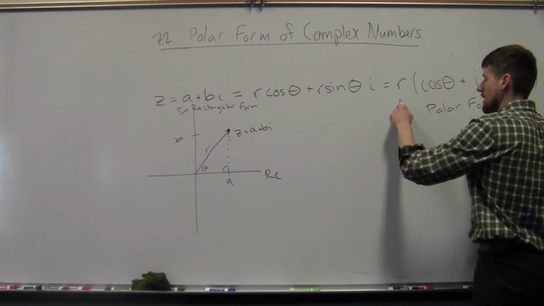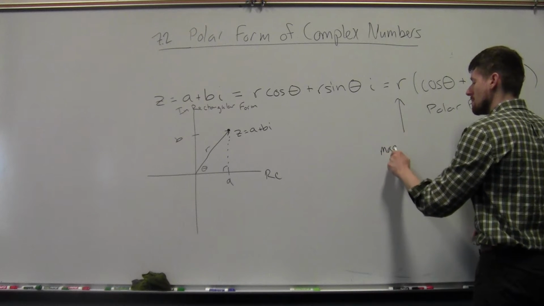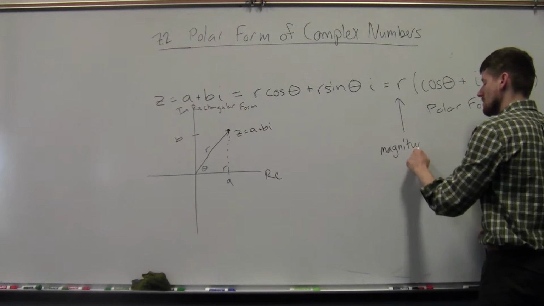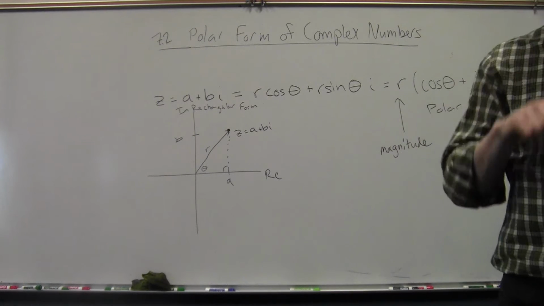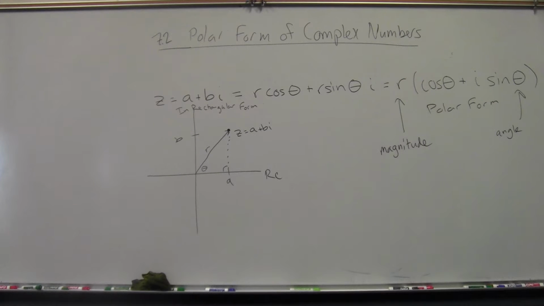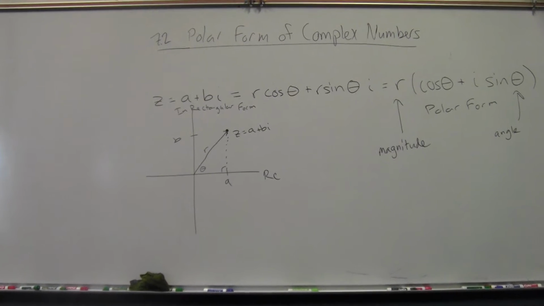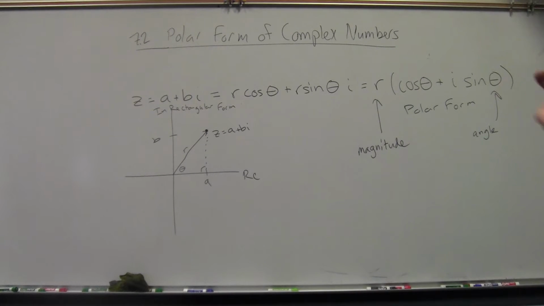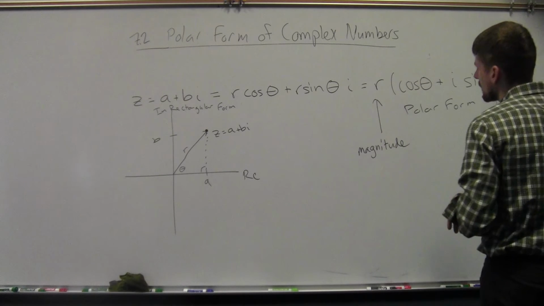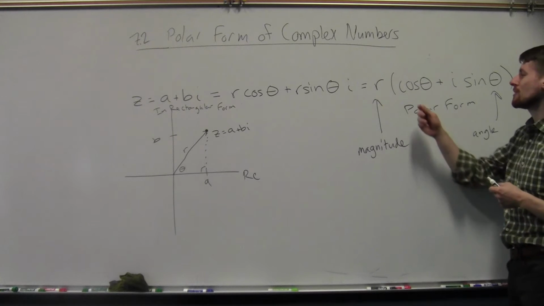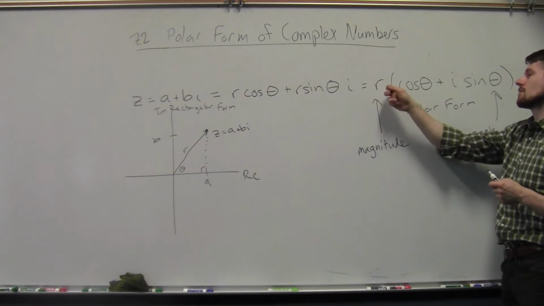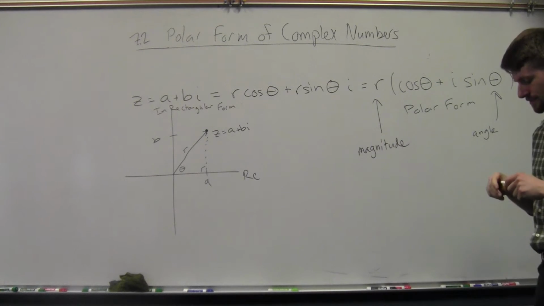You can think of this as magnitude, and same theta, same symbol, angle from vectors, or as r and theta are distance from the origin and angle from polar coordinates. It's exactly the same thing. We've done that. This is like the third time we've gone through a magnitude or distance and an angle.